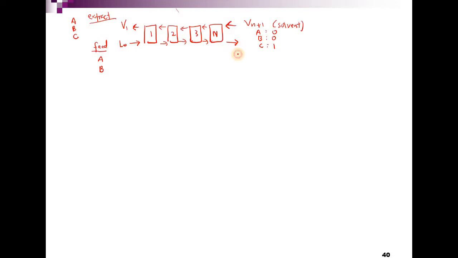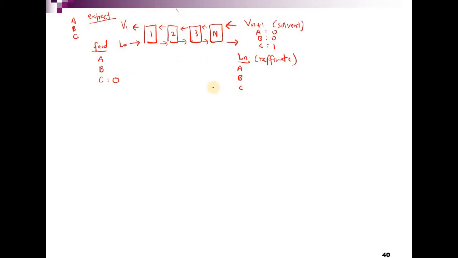We put it as Ln, and it will contain components A, B, and C. So this is the flow diagram for the multiple stage partially immiscible system.